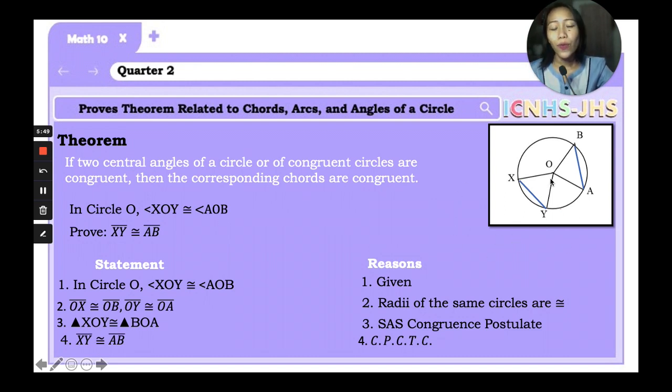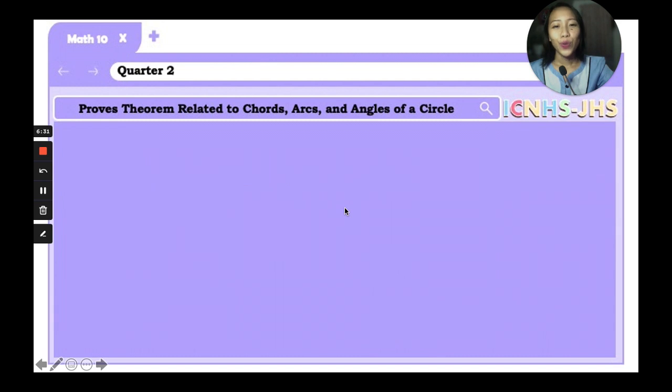So of course, it is important that these parts are corresponding parts of our triangles. So we can say that segment XY is congruent to segment AB is already proven with our two-column proof. Therefore, we have also proven our theorem: if two central angles of a circle or of congruent circles are congruent, then the corresponding chords are congruent.